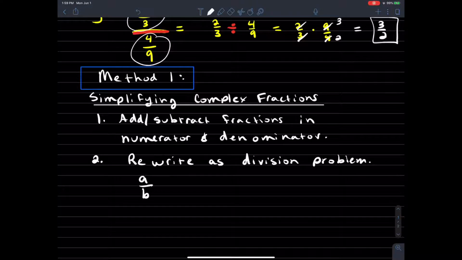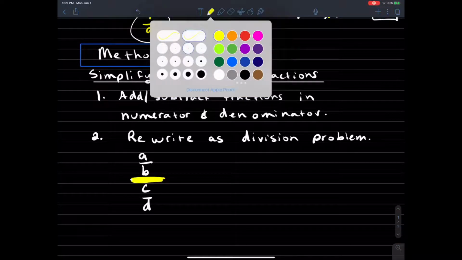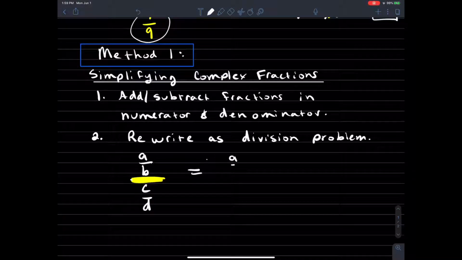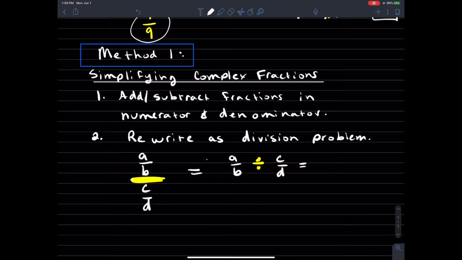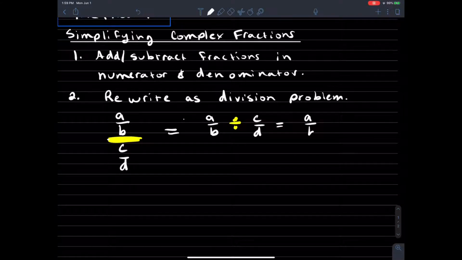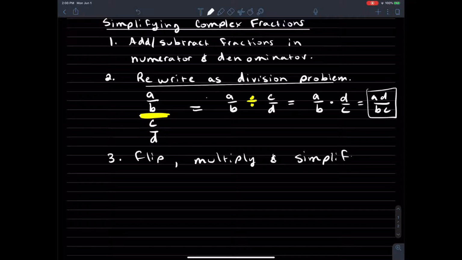If you have A over B all over C over D, we rewrite this as A over B divided by C over D, and then you flip and multiply, and it's A over B times D over C. And then, of course, you're not going to multiply across unless there are no common factors that you can cancel. So you'll factor and cancel factors to simplify, just like we did up there. Okay, so there's the instructions.